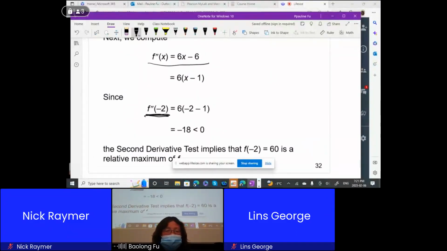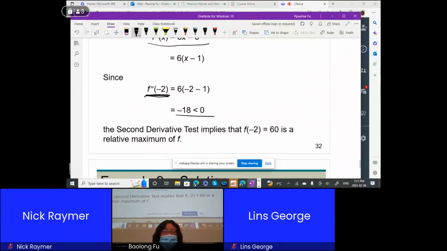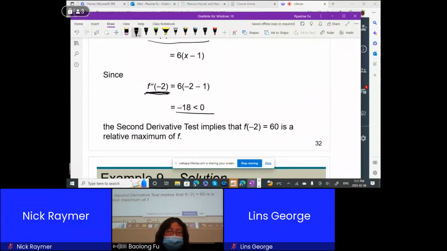The second derivative at -2 is a negative number. When it is a negative number, it has a relative maximum. Second derivative negative number means it has a relative maximum.